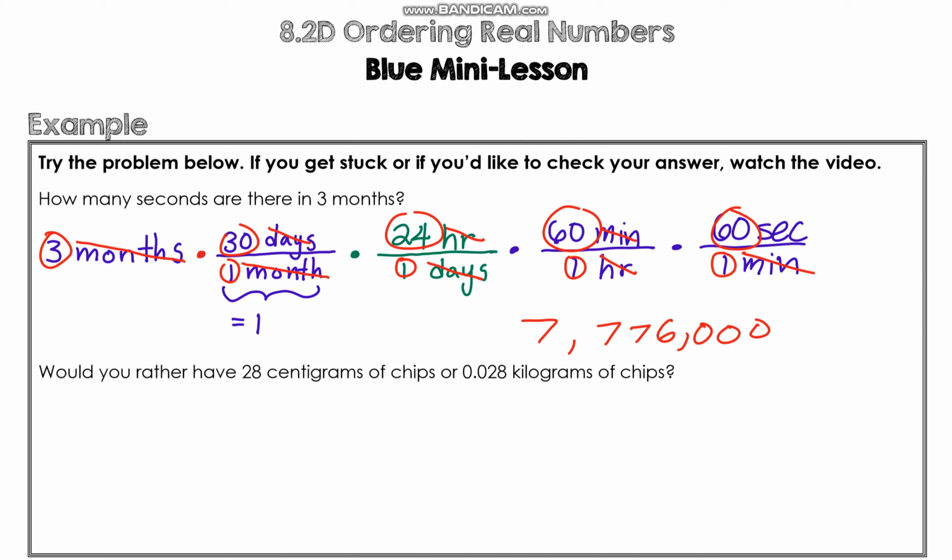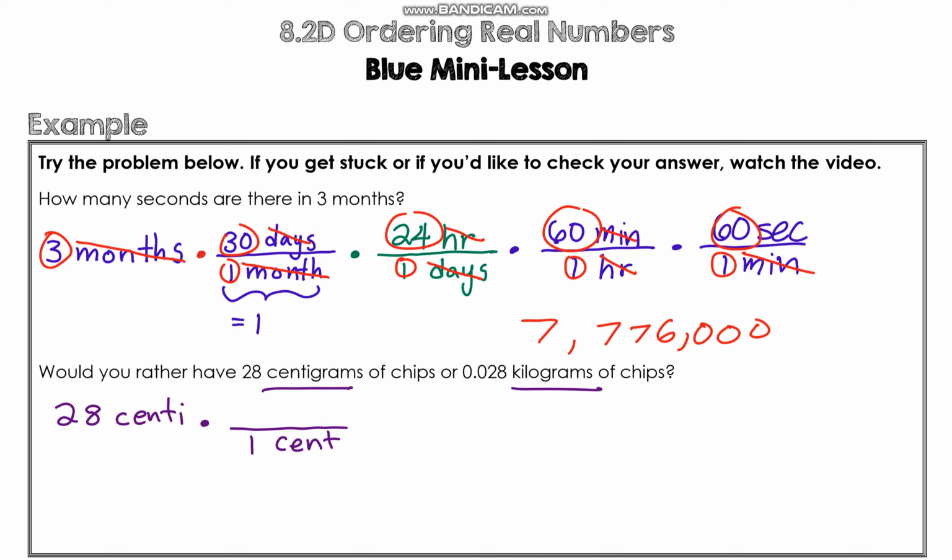Okay, so how are we going to use that? We want to compare centigrams and kilograms. I could convert centigrams straight to kilograms, but instead, I'm going to convert both to grams. That's the plan. So I'm going to start at 28 centigrams, and I want to get to grams. So I'm going to multiply by a special factor. I'm going to put centigrams on the bottom.